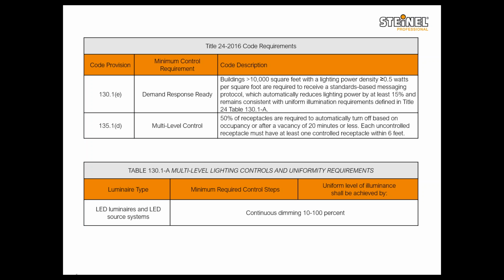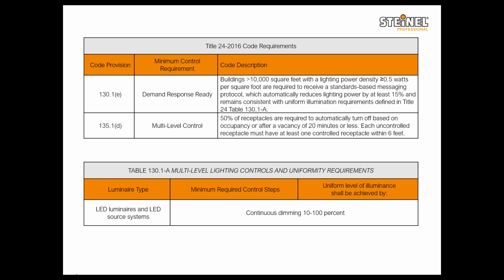As I said, demand response control is a very important and big requirement in Title 24, and as you can see, it applies to buildings larger than 10,000 square feet and with lighting power density of more than 0.5 watts per square foot.